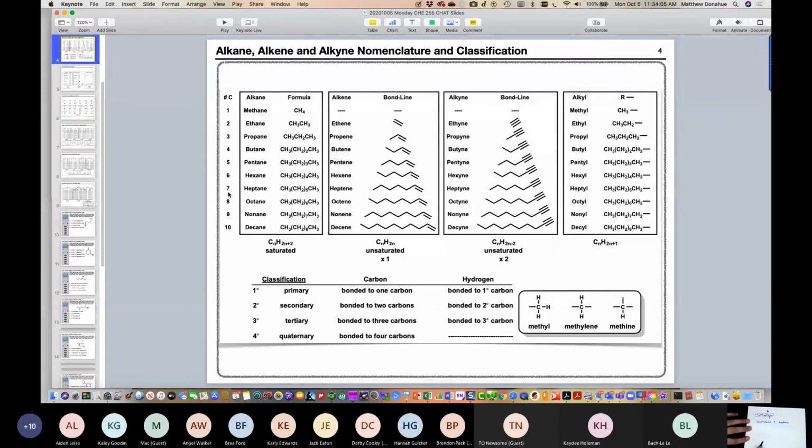So this name has to then be modified. So this was the base name. 7 is heptane.